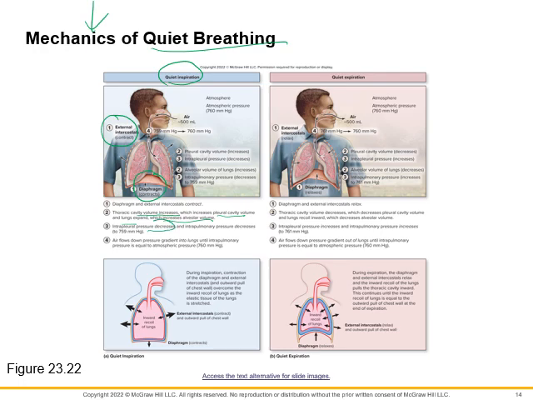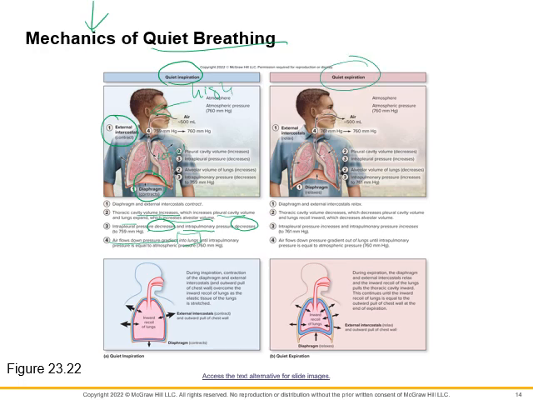This causes the intrapleural and intrapulmonary pressure to decrease. So the space between the pleura and inside the lungs, all of that pressure is going to decrease, and that allows air to flow down the pressure gradient into the lungs. So air flows in from high to lower pressure.